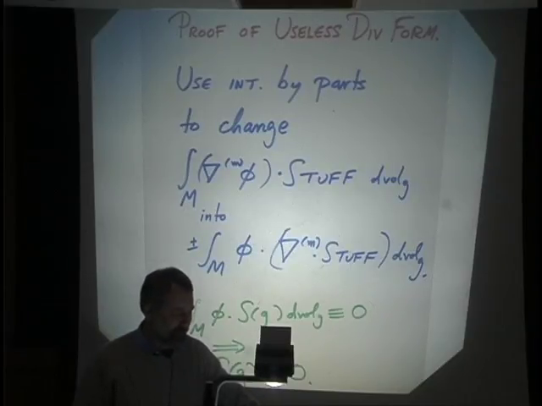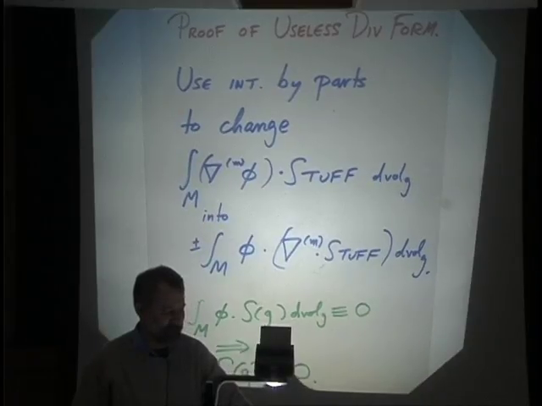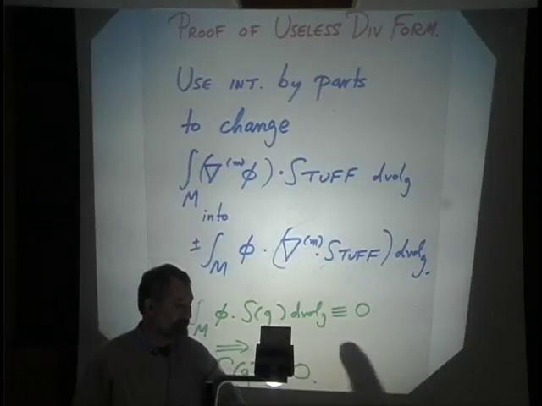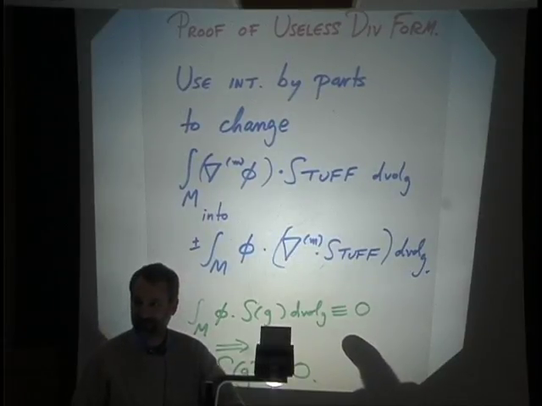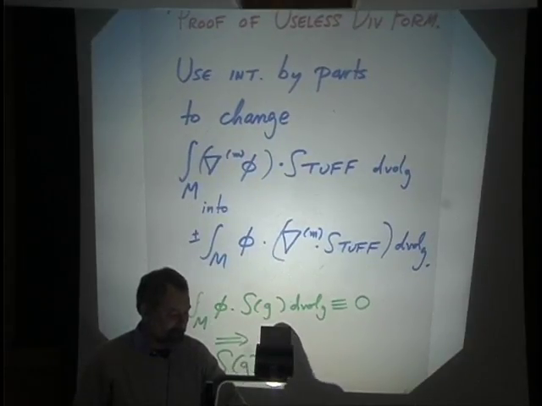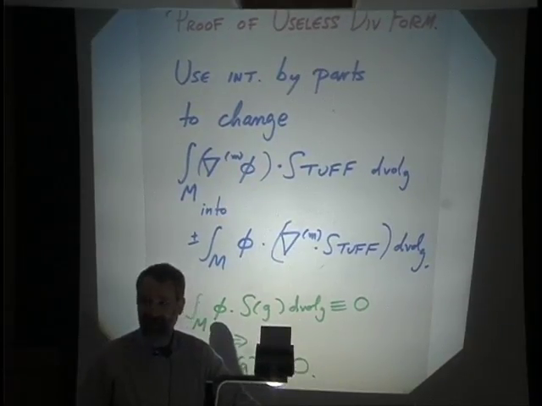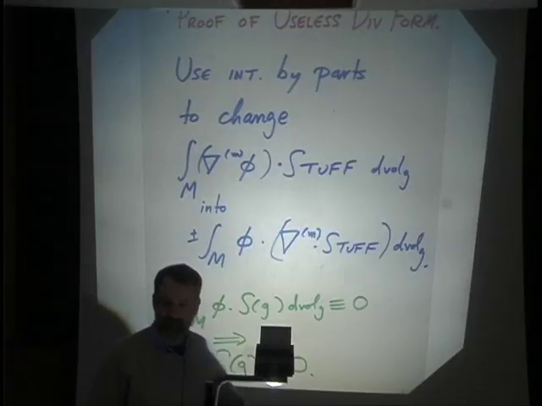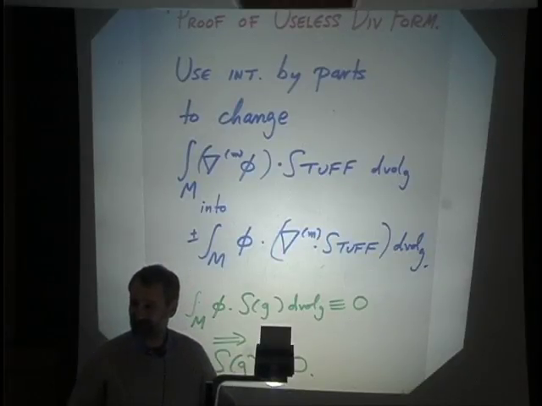So now we know that the integral of phi 1 times some gunk that involves only g and phi 2 through phi 11 integrates to 0. Okay? Well, in particular, this gunk has the property that you can multiply it by anything and integrate and get 0. So therefore, the gunk is identically 0, and therefore we have a pointwise identity, namely the useless divergence formula.